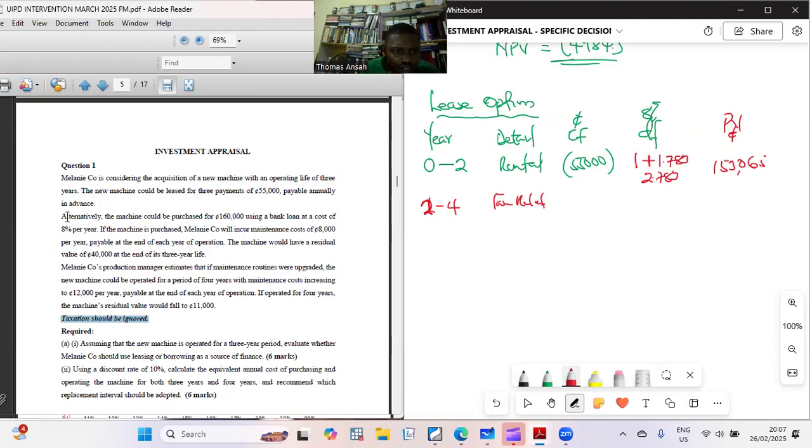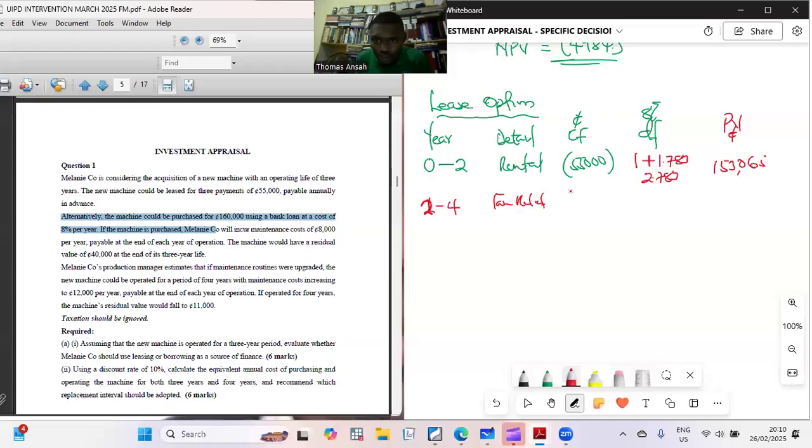Now this one is the purchase option. Because you are not given a tax rate, you still put 0, 0, 0. So in effect, we have 153,065. That's all.